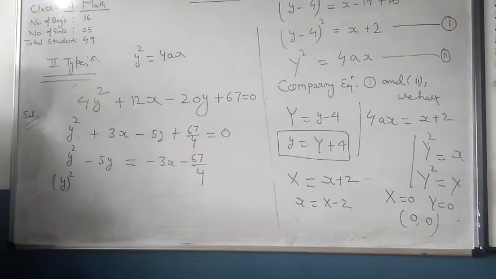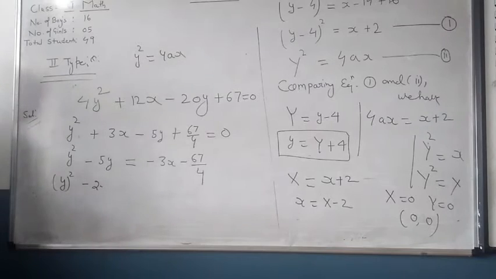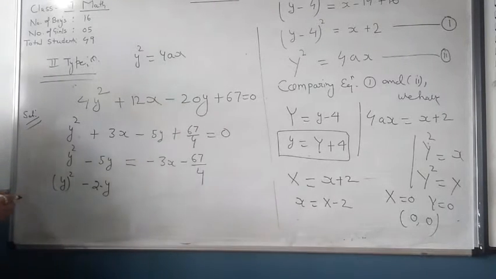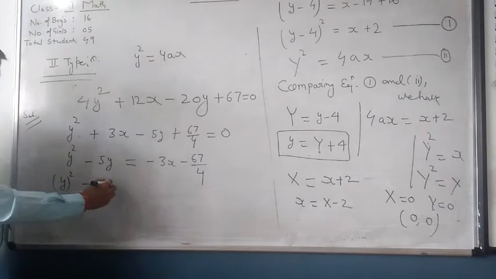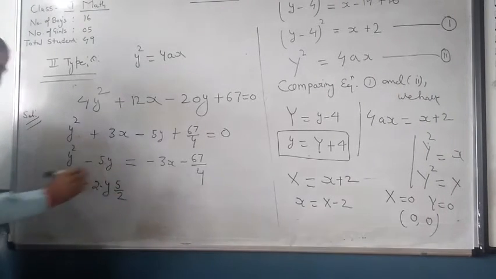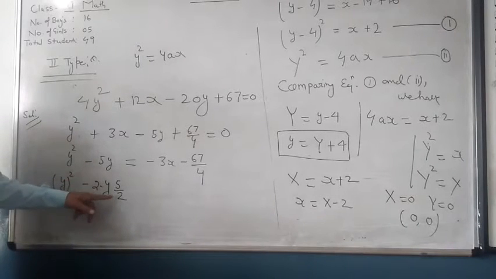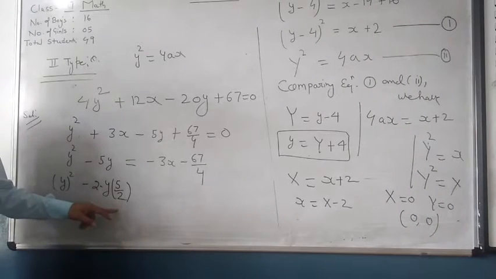Y square minus 2 into a into b, arranged here as a form of 5y, 5 by 2. 2 and 2 we cancel out. Then we will get minus 5y. It means this 5 by 2 is a part of b.